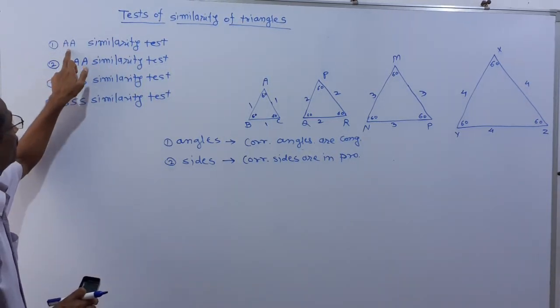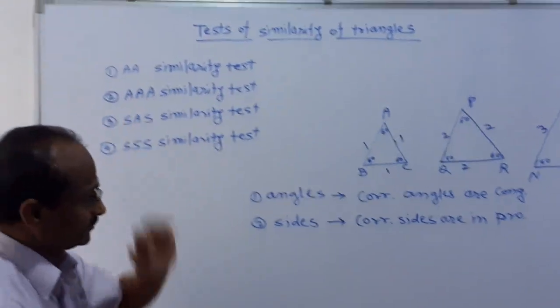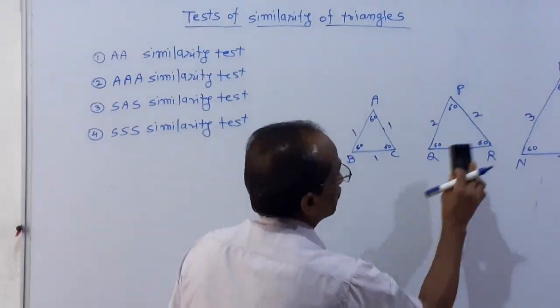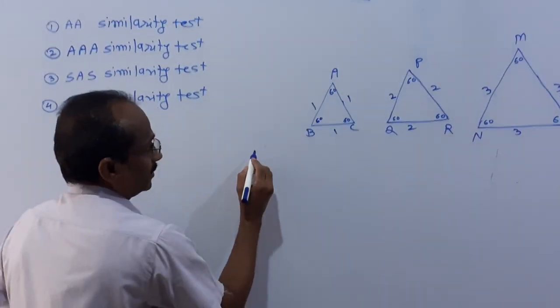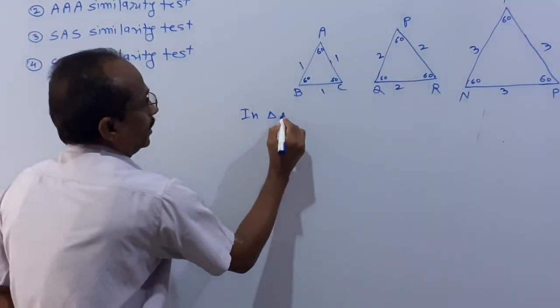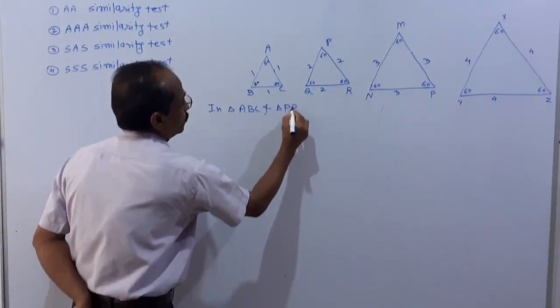A stands for angle, another A stands for angle, so it is the angle similarity test. Now take any two triangles.